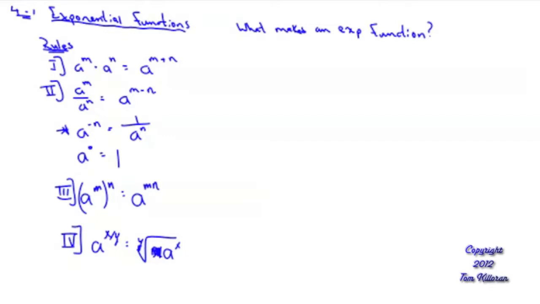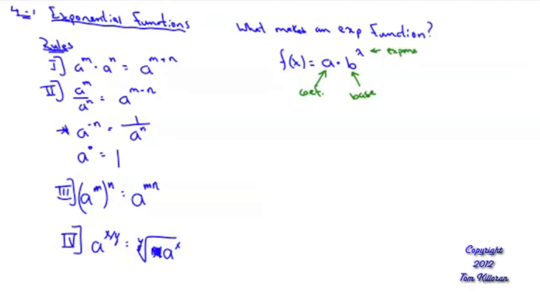So an exponential function has this look to it, something like that, where a is just a coefficient, b is called, take a guess, the base, and x is called the exponent.